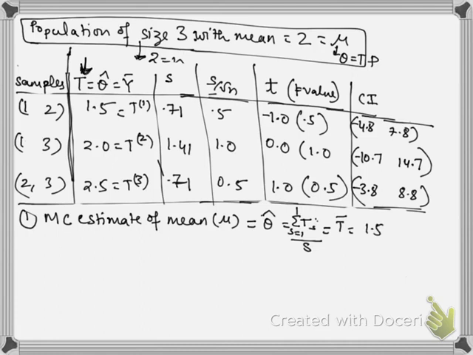So 1.5 plus 2.0 plus 2.5 divided by 3, which is 2.